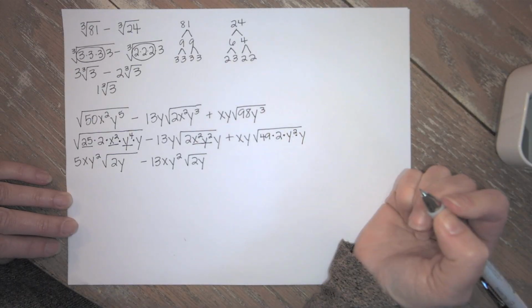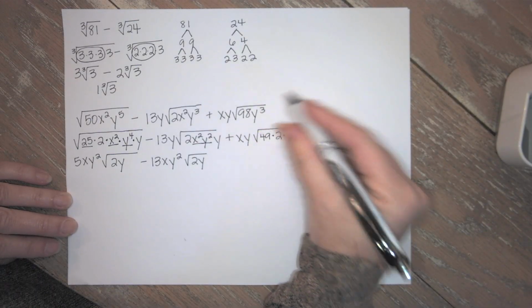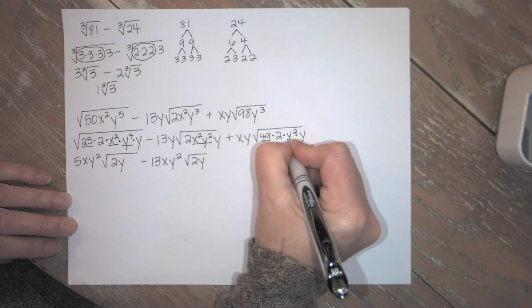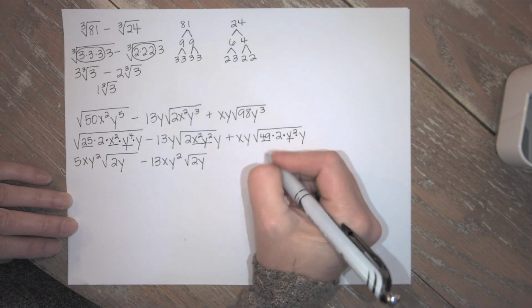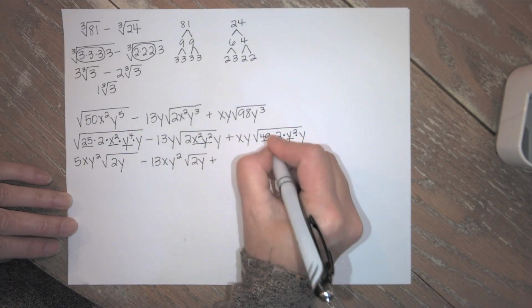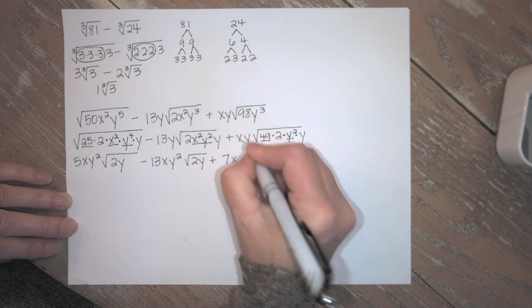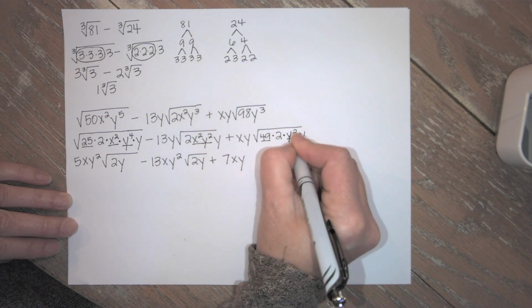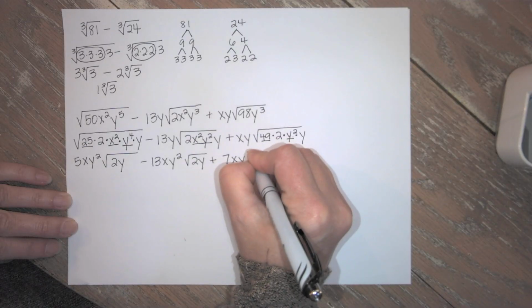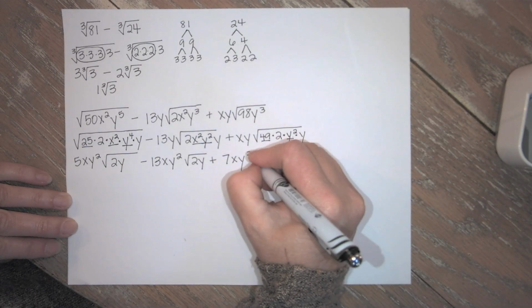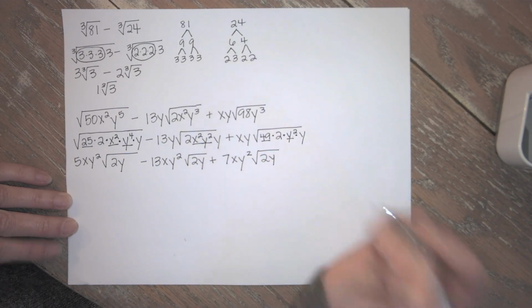So y squared times y gives us y cubed. This is a perfect square. This is a perfect square. Square root of 49 is 7, so I'm going to have 7 out here. I'm going to have x. I already have one y, and the square root of y squared is another y. And then 2y left underneath.